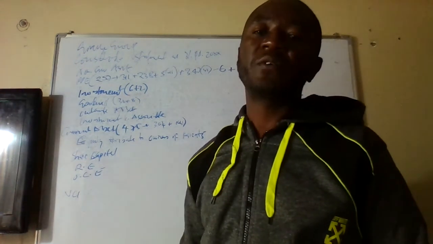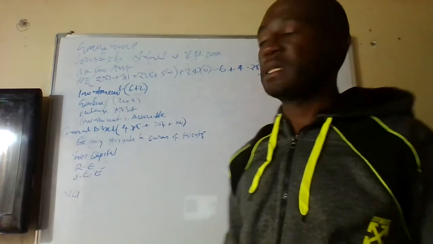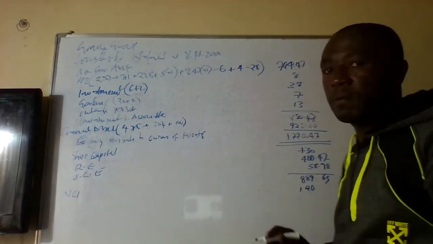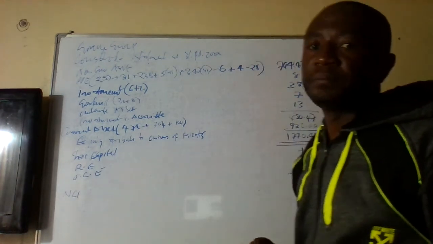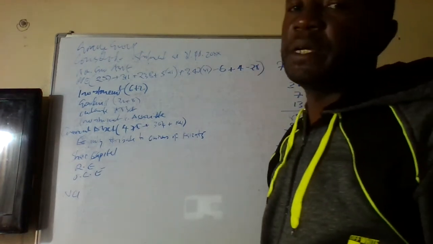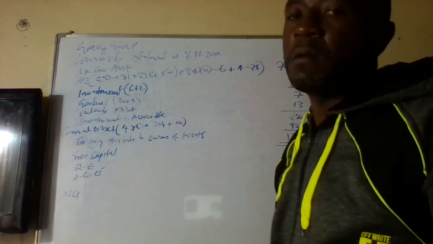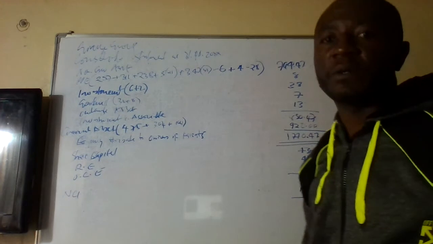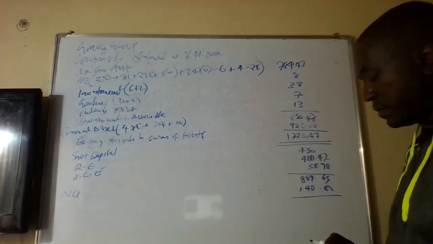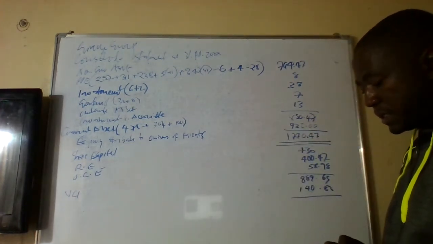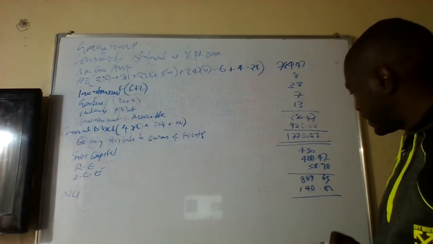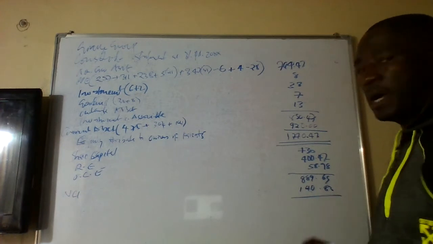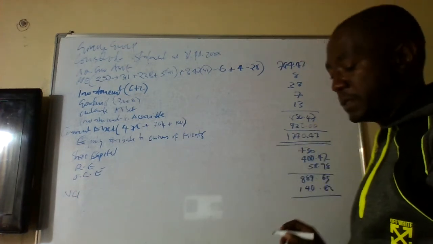And then with the non-controlling interest, remember we calculated as 140, that was 140.83. So that when you add those two, it should give you 889.47 plus 140.83, which is 1030.3.